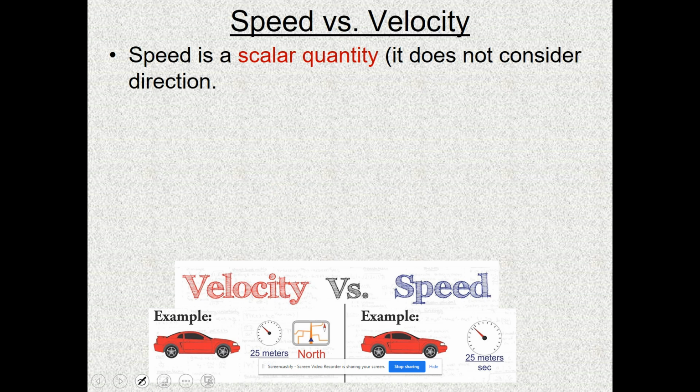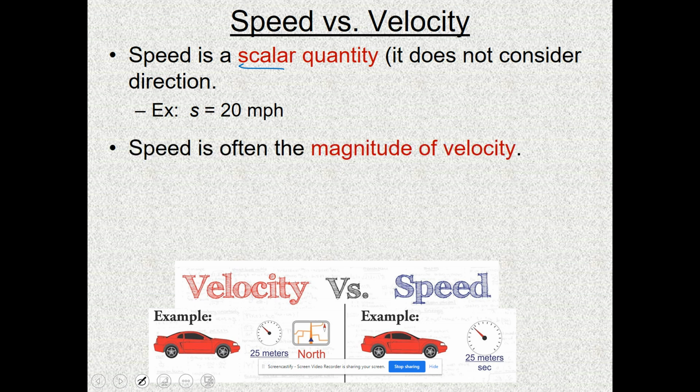All right. Here's a couple of other vocabulary terms I'd like you to know. I'd like you to know, what does a scalar quantity represent? And this is one that doesn't consider direction. For instance, when you're driving, you usually look at your speed on your speedometer, and it doesn't tell you a direction, it just tells you the magnitude, 20 miles per hour.